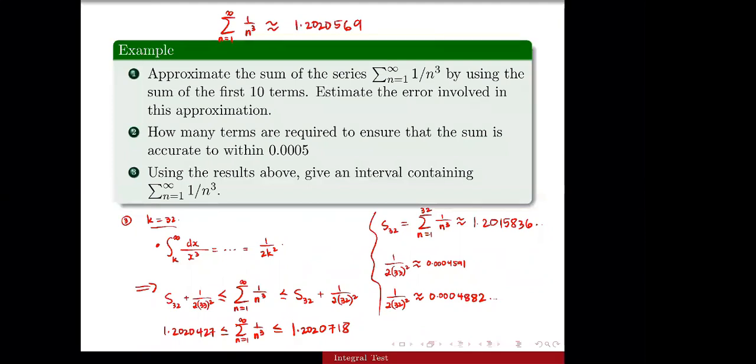And is it within? Yes, look. 20205, that's the middle part. In here, you have 20204. So this guy is greater than this. And then here you have 20207. So indeed, this guy here is within this and this. Okay.